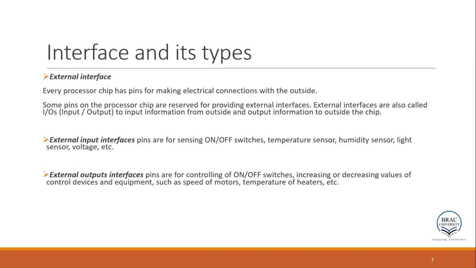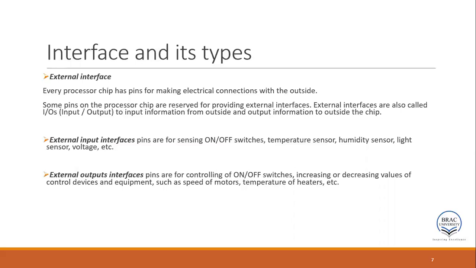Other examples are pins for sensing on-off switches, temperature sensor, humidity sensor, light sensor, voltage, etc. The sensing on-off switches determine whether the device will be on or off. And the temperature sensor measures temperature data, which is analog, and gives it as input to the computer by converting it to digital data for further processing.